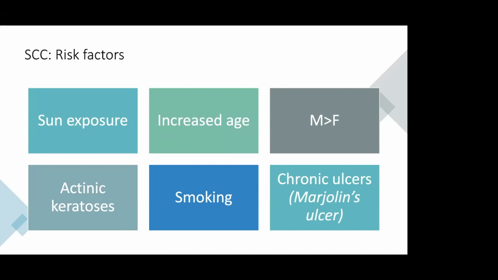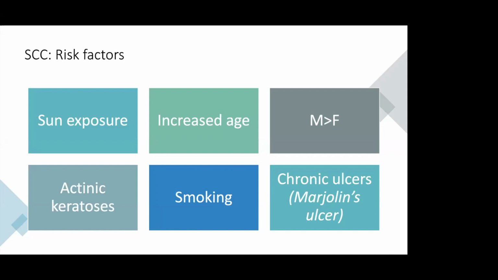Actinic keratoses are also important to note. These are scaly spots which are found on sun-damaged skin. These are considered a precancerous condition, and therefore it's important we treat these to avoid them going on to develop into squamous cell carcinomas.